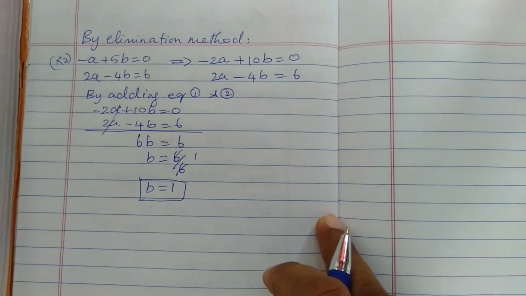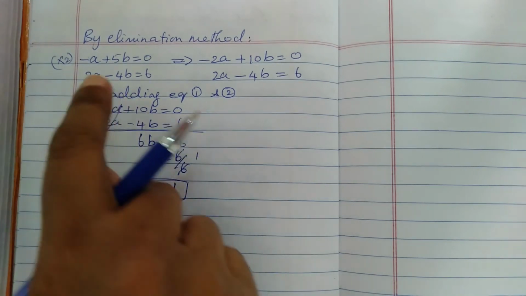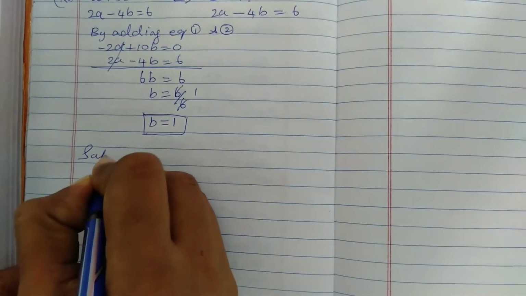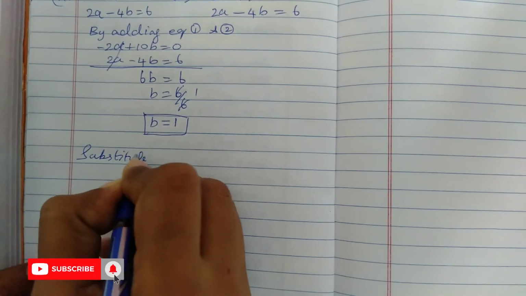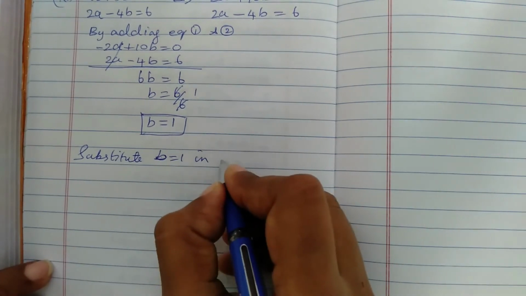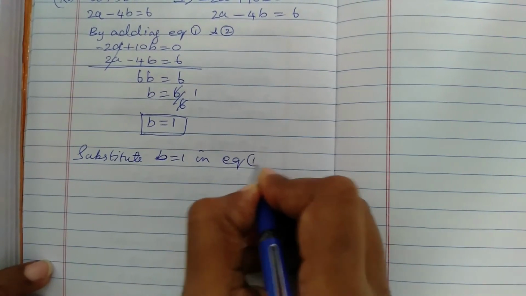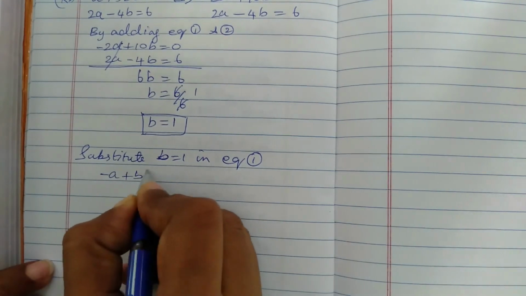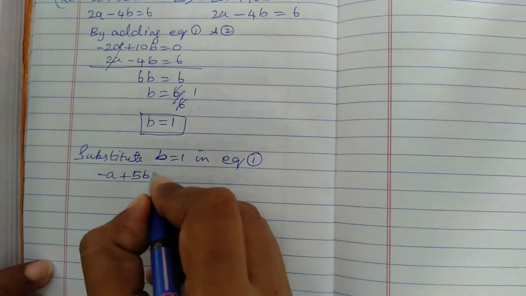Now I have to replace this value in any of these equations to find the value of a. So substitute b is equal to 1 in equation number 1. So this is our equation, minus a plus 5b is equal to 0.